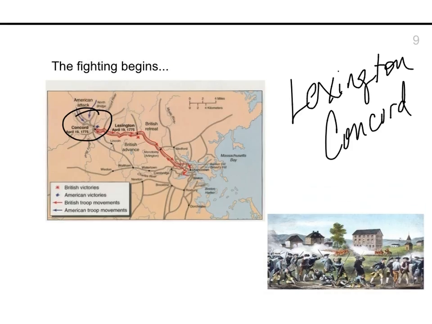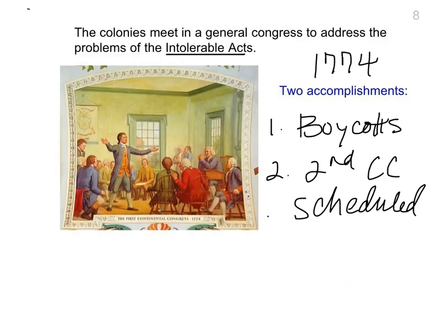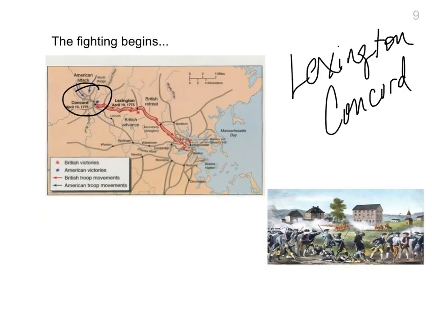They're met first in Lexington, where there is a resistance from colonial Minutemen. And then on the way back from Concord, British troops are hit by guerrilla fighters, basically, the colonists attacking them from the trees. They suffer serious casualties, and then they begin the siege of Boston.